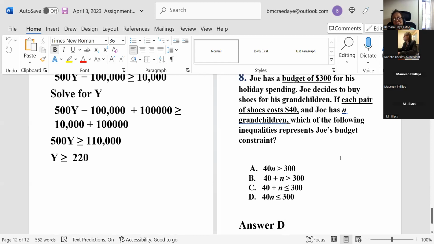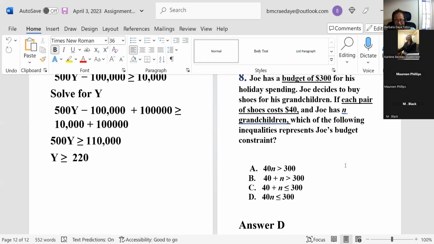How did you get the 120? You multiplied three times 40, not addition. I'm trying to get you to understand it's not an addition. To get the total amount that he spends for his grandchildren's shoes, you multiply the cost of one pair by the number of grandchildren. Yes. You got it?